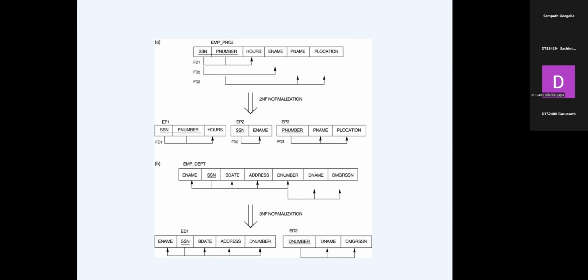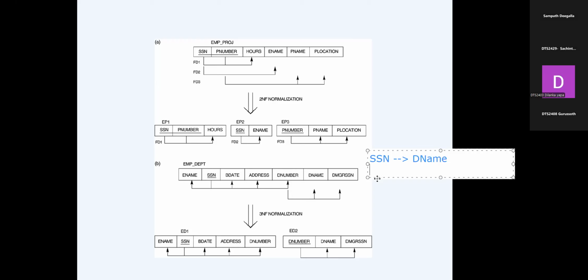So what we are going to see is the relation here. For example, if you take department name, using social security number, you can functionally determine the department name.